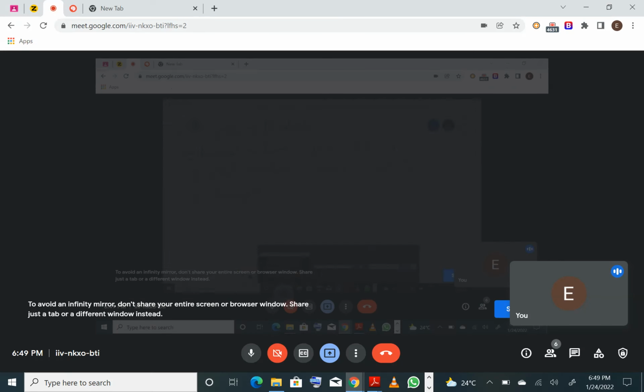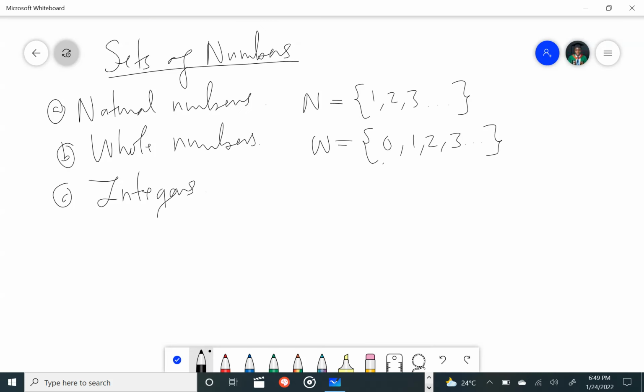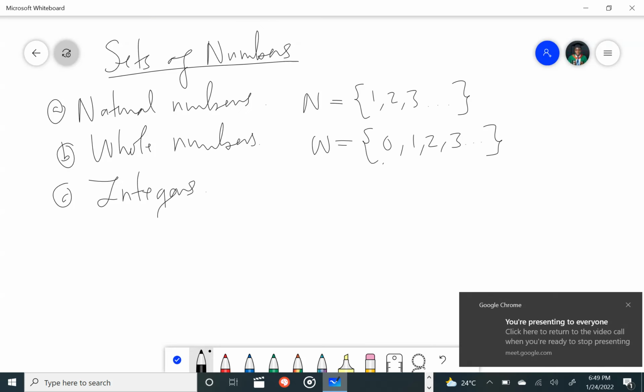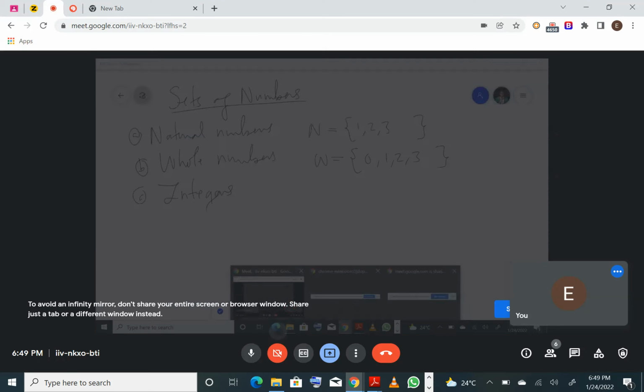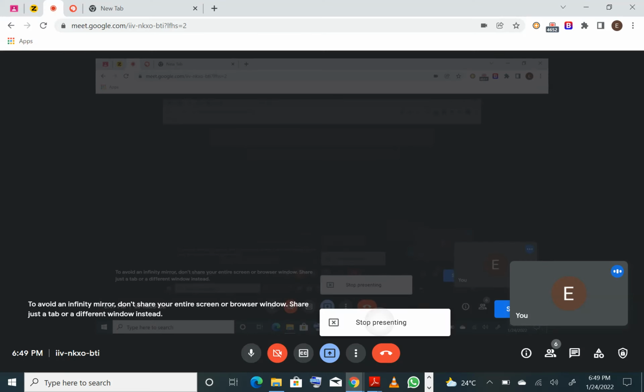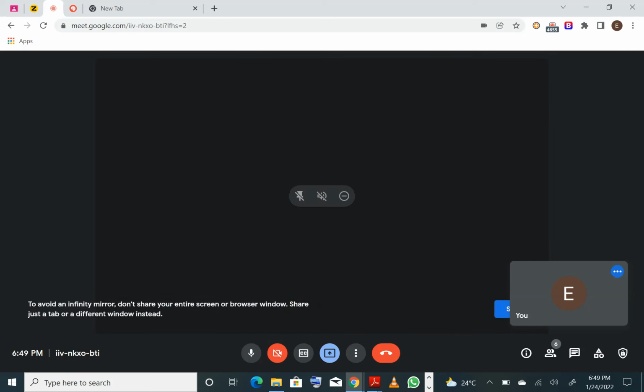Okay, so I believe that everyone is able to see now. Everyone is able to see the screen. So we've talked about integers, right? Hello, you can't see the screen? Okay, I'm not able to see the screen.